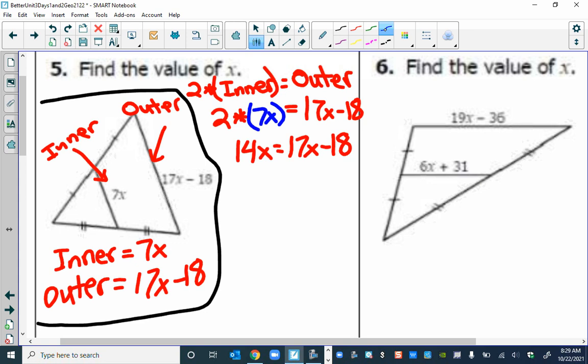So, which term are we moving? We're going to move the negative 18 or the positive 17x? We have to move the positive 17x. And that means, what do we do to both sides of our equal sign? Not yet. No dividing yet. Subtract. Minus 17x. Minus 17x.